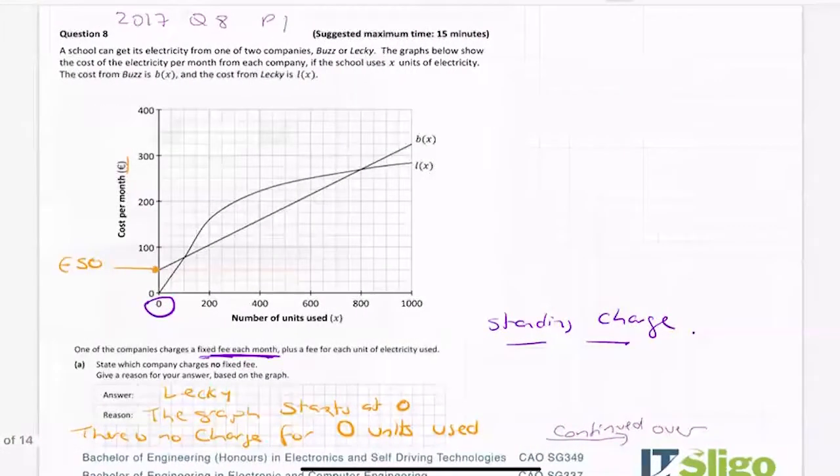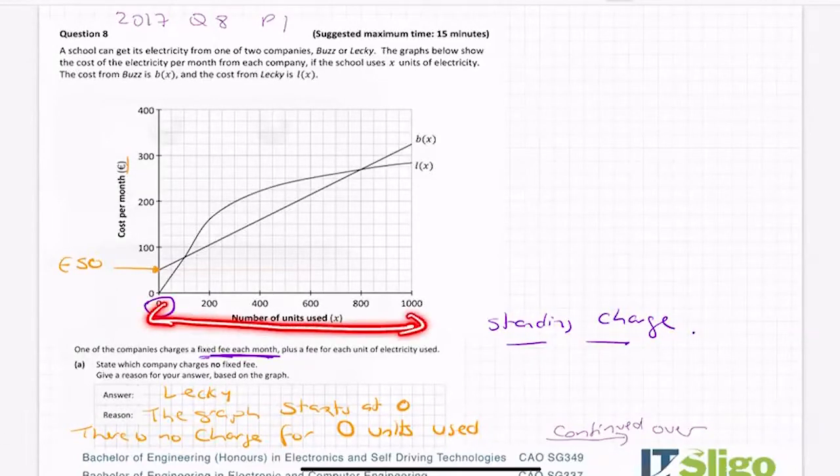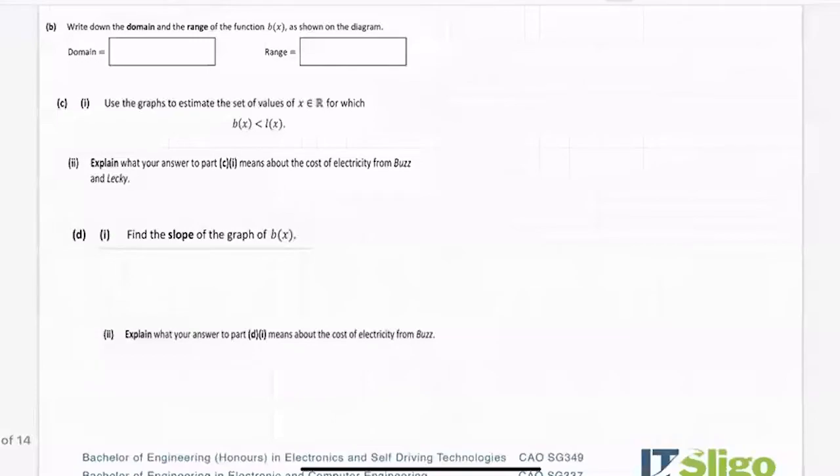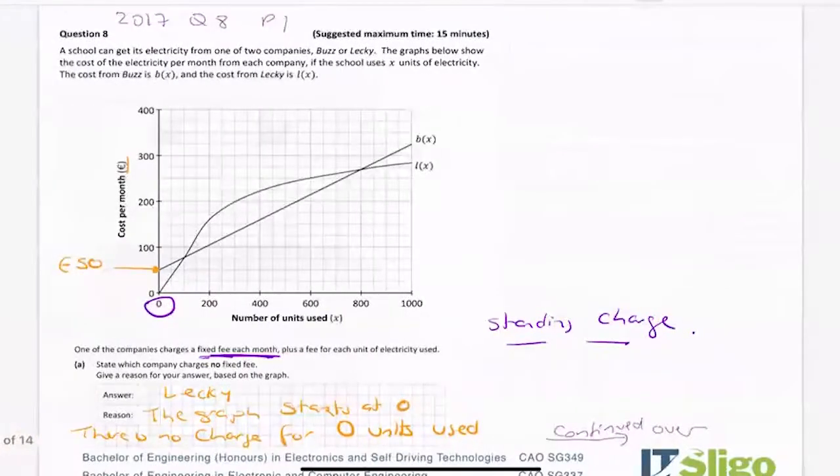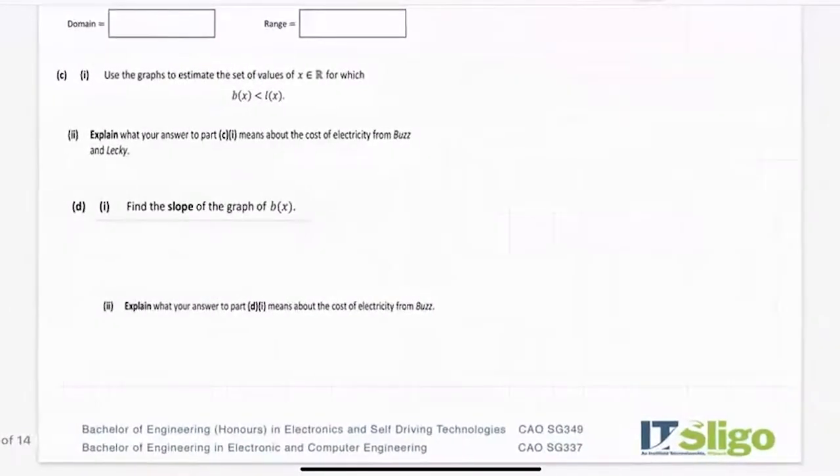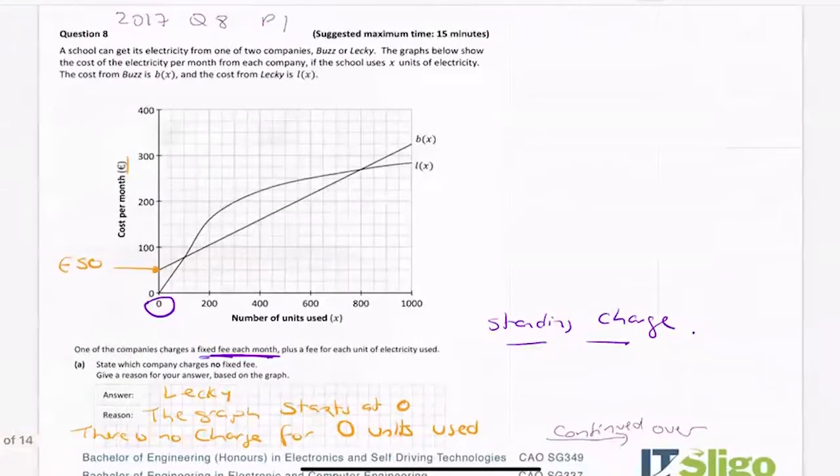So my inputs are always on the x-axis. We feed these into our function. So our domain in this case is from 0 to 1,000. And they're not set values. Can you see the graph is continuous? Which one am I doing? B of x. So it's continuous.